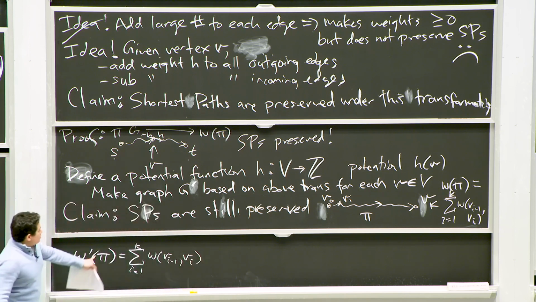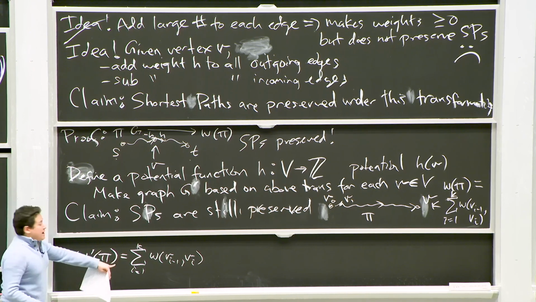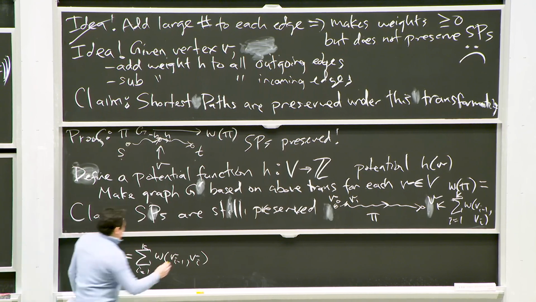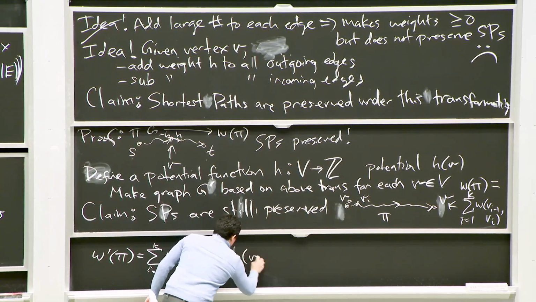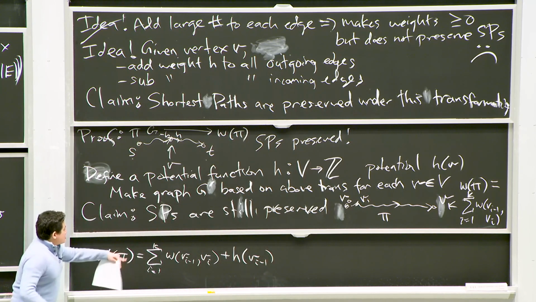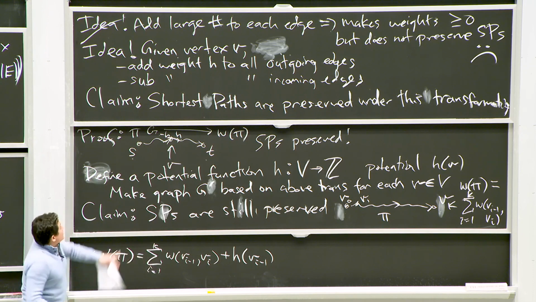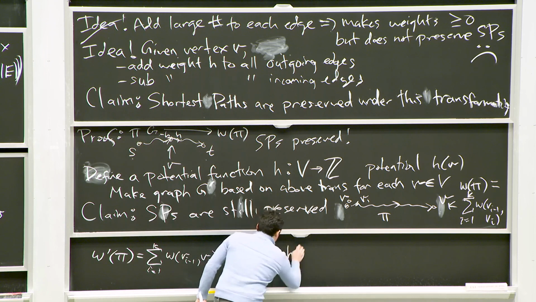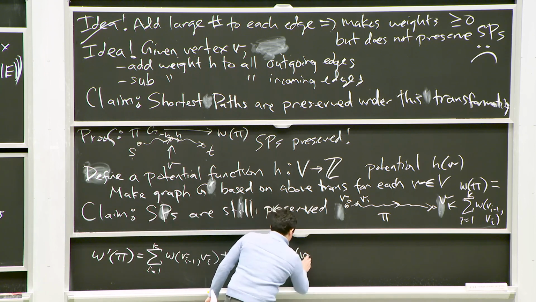But what did I do? This edge is outgoing from Vi minus 1, so I add that potential, sorry. But that edge is also incoming into Vi, right? So when I reweighted it, I got a subtraction of h of Vi.